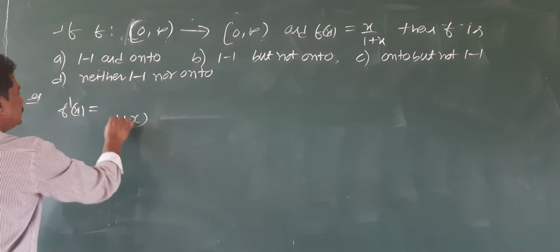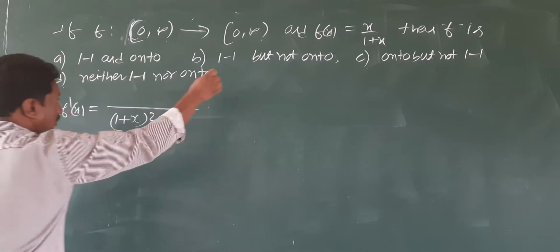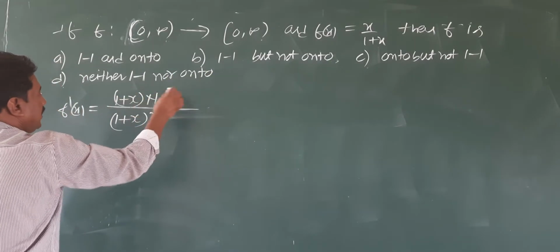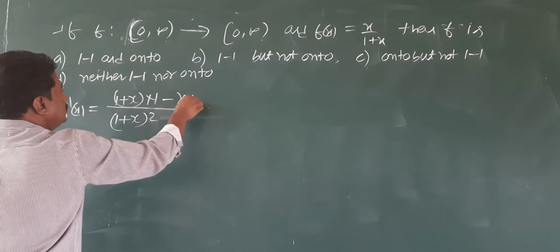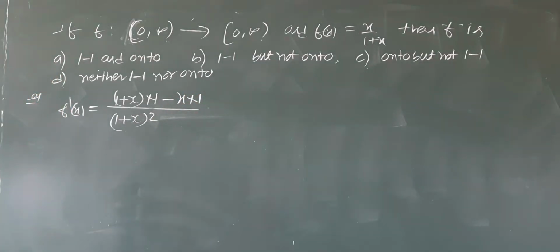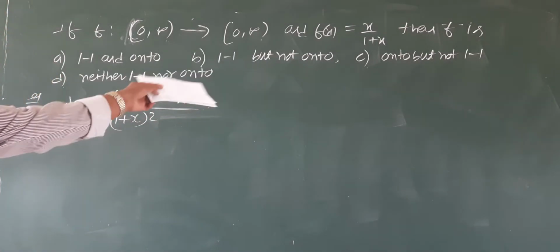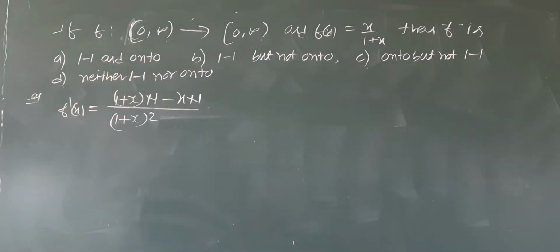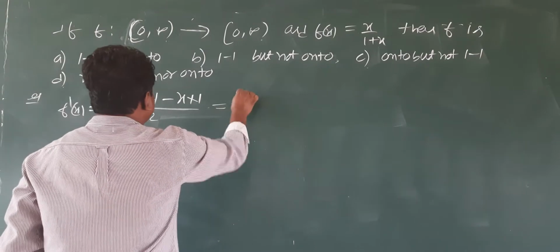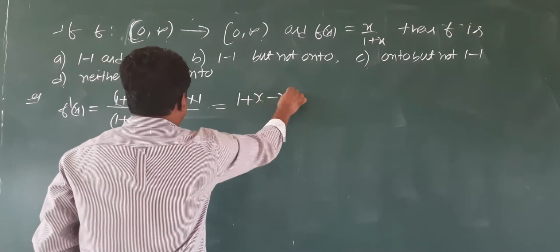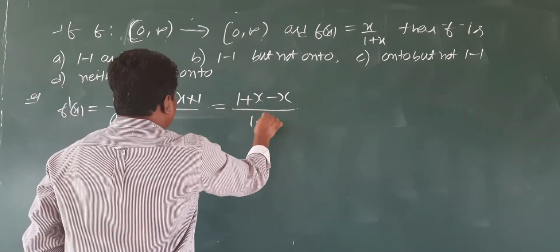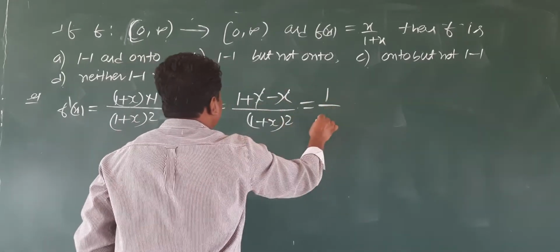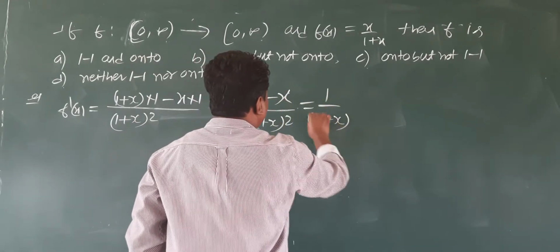Denominator square, denominator into differentiation of numerator minus numerator into differentiation of denominator. So it is (1 plus x minus x) by (1 plus x) whole square, which is 1 by (1 plus x) whole square.